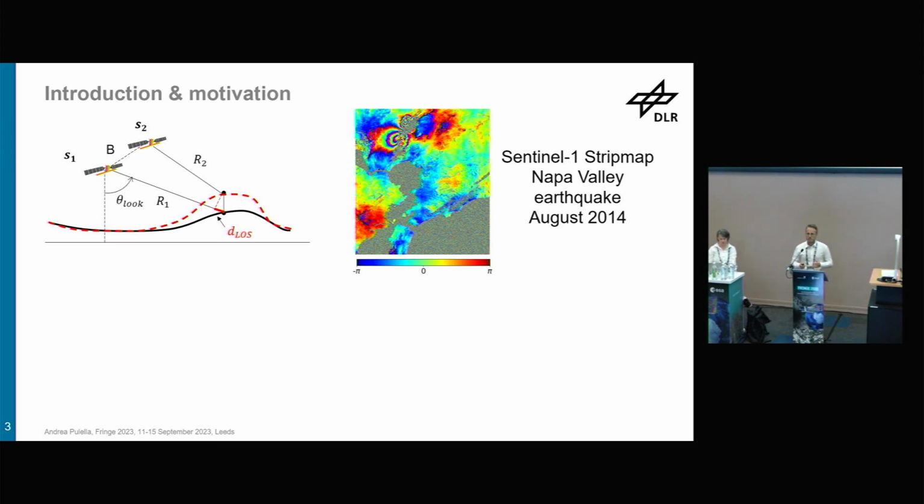The main message is that D-InSAR is sensitive to the line of sight, and with StripMap it is quite easy to extract this information.